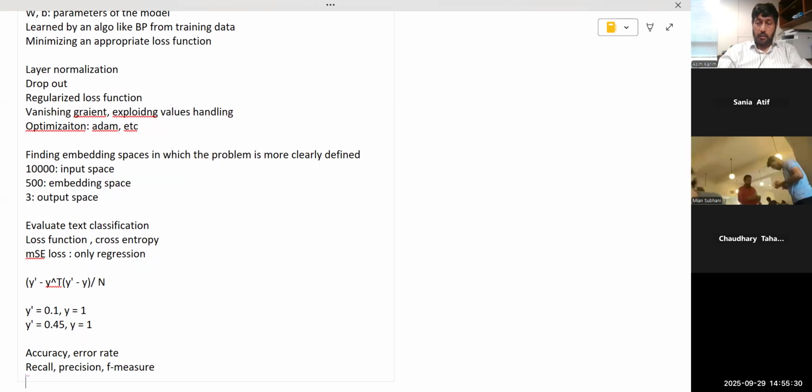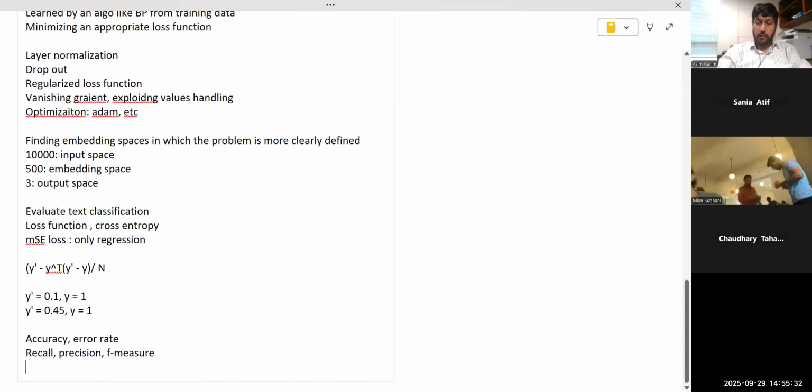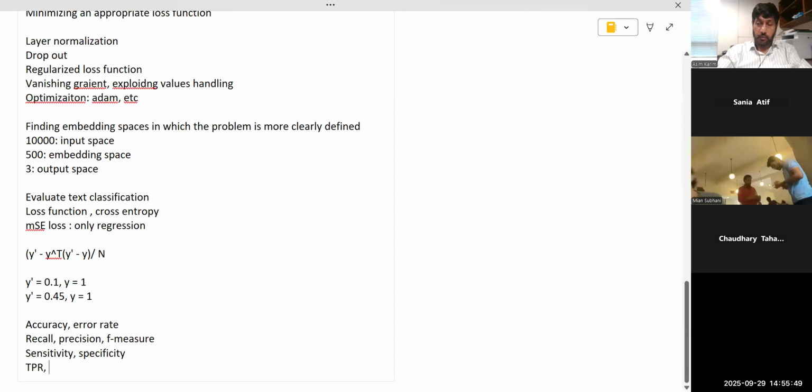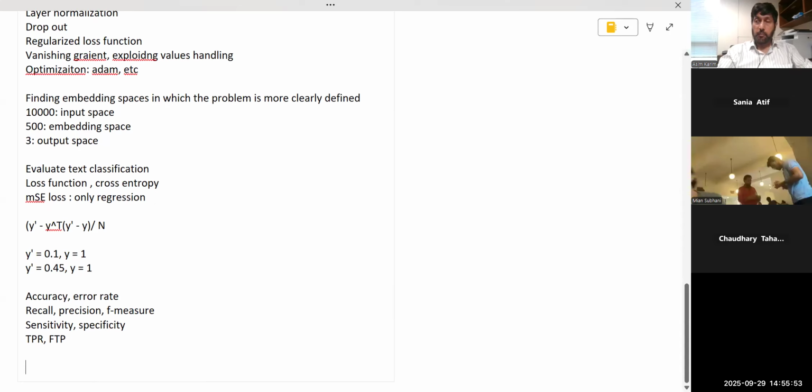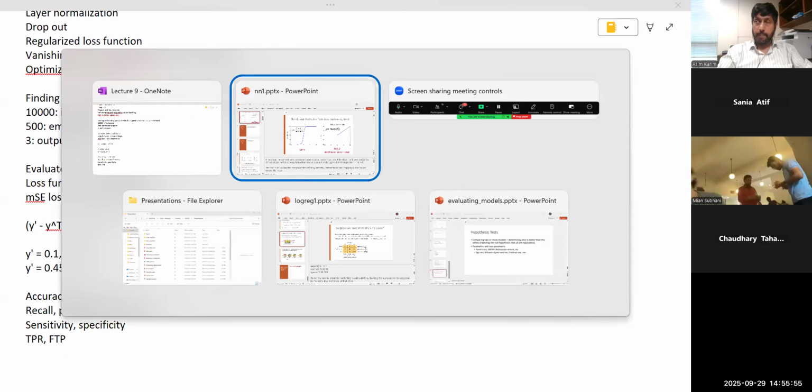And then there are variations of these, for example sensitivity and specificity. Sensitivity actually is recall, specificity is 1 minus false positive rate. So true positive rate can be there, false positive rate can be there. So all of these are possible, and for binary these are quite enough.